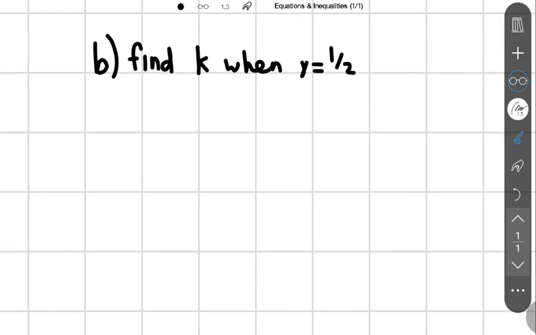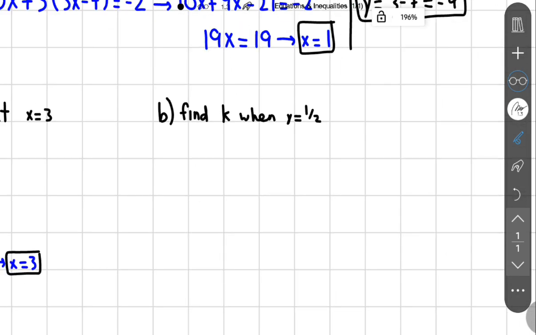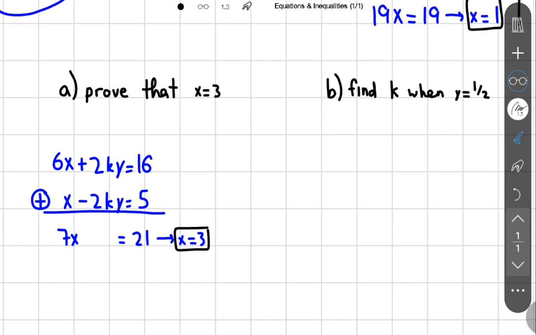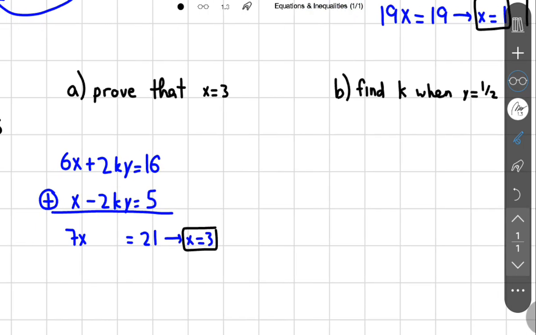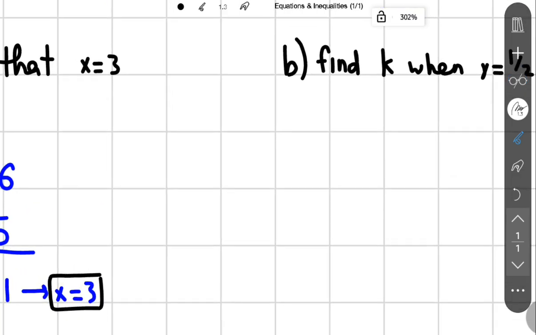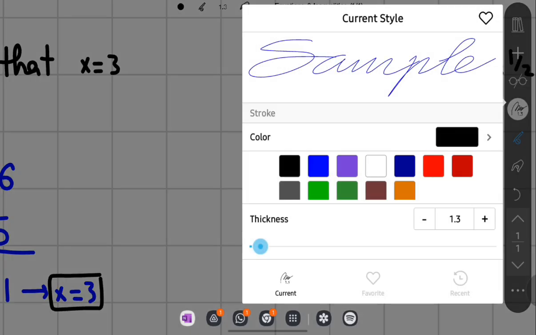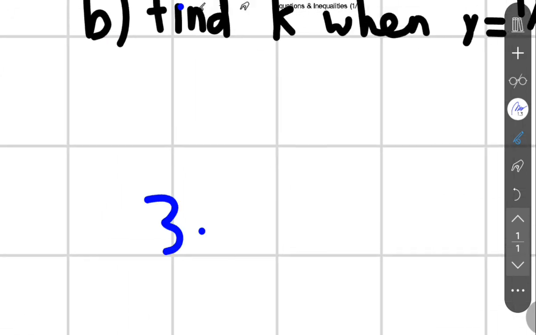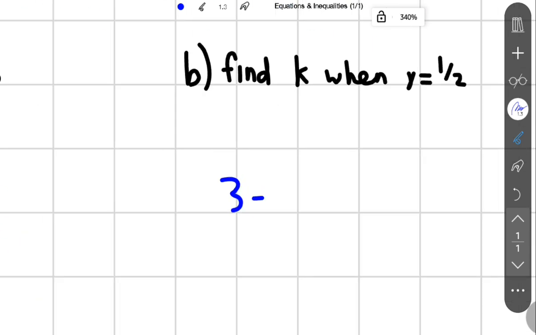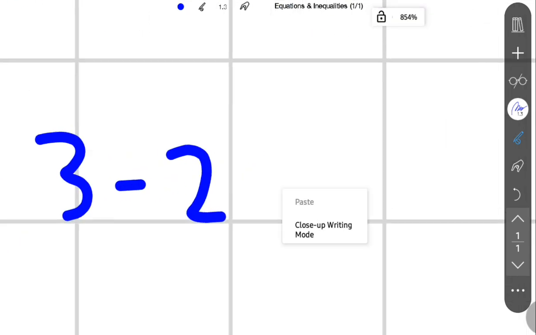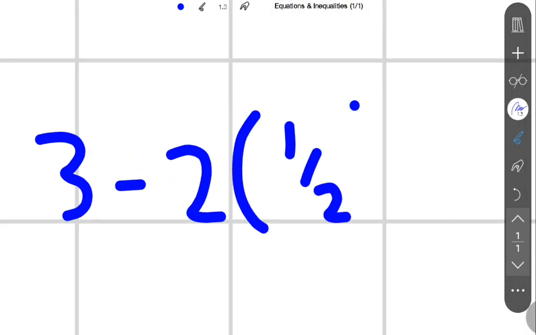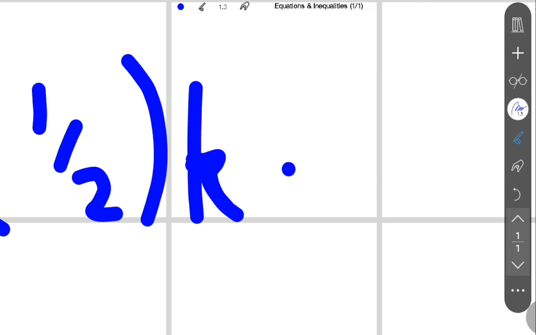It wants us to find the value of k when y is equal to half. That's pretty easy. Let's just write the second expression, which is x minus 2ky equals 5. We have x equals 3, so we can write 3 minus 2 times k times the value of y, equals 5.